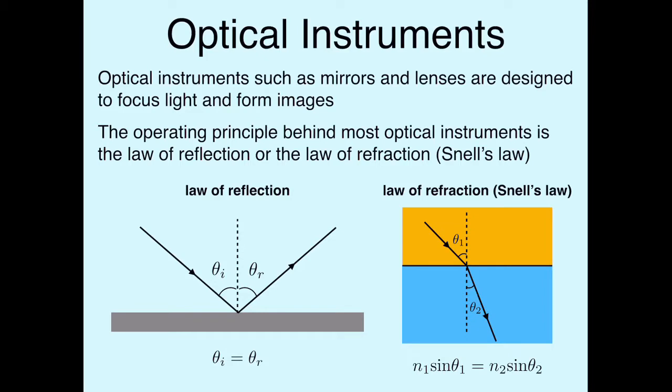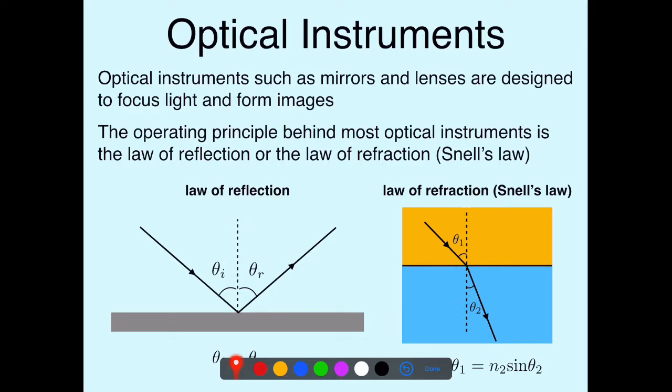On the other hand, Snell's law says that if we have a ray of light which moves from one material into another material, that ray is going to be bent. And we can see exactly how it bends by measuring two different angles. So this is the interface between the two surfaces. This is the normal line to that interface.